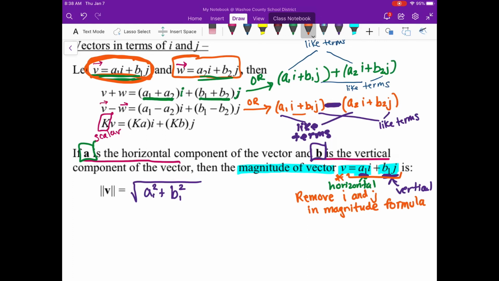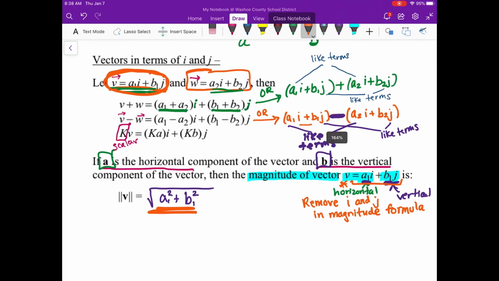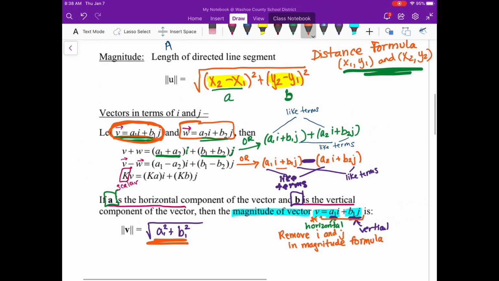They are just there to give us that horizontal component and the vertical component. It's telling us which way to go, but we are not including the i's in the actual magnitude formula. Now, this is the second magnitude formula that I've introduced. The other one is up here at the beginning. We said magnitude was essentially the distance formula.